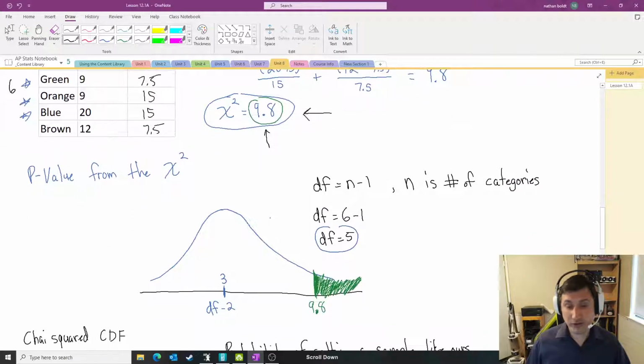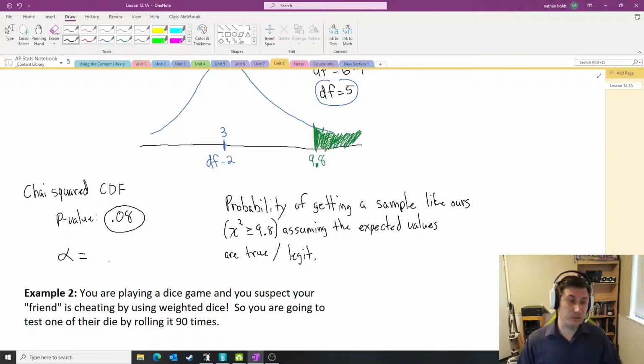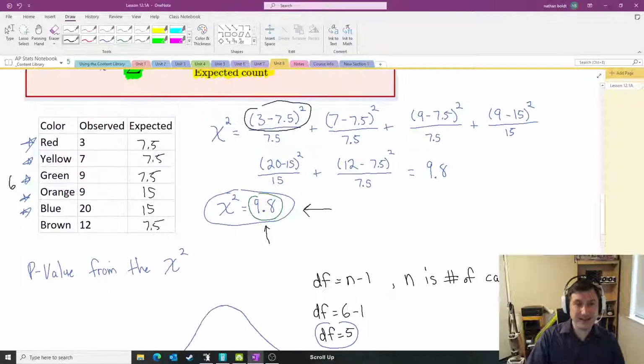Eventually, we are going to take that p-value and compare it to an alpha. We didn't set all that up right now, but we'll compare it to an alpha and then either reject or fail to reject the null hypothesis based off of that. But hopefully that gets you an idea of what the chi-squared is.